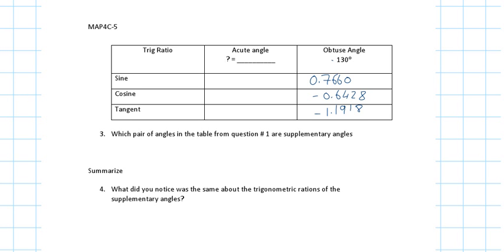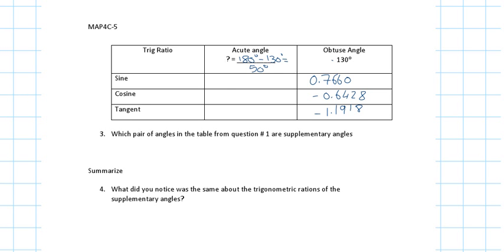So if I'm going to find my supplementary acute angle, what do I do? So 180 minus 130, which is 50. I don't even have to do a lot of work here because I've already found my answer. However, for the 50, because it's acute, all sine, cosine, and tan are going to be positive.